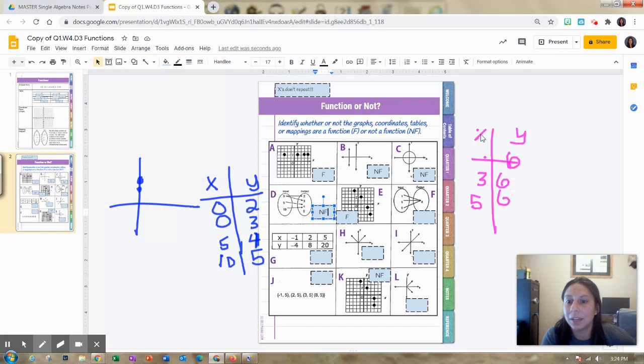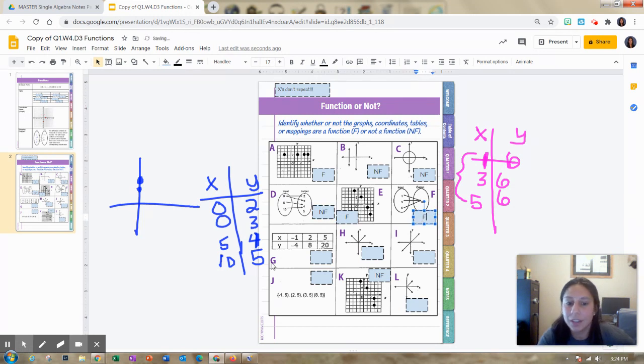So if you look at all of your x values, my goal is to figure out, are all of those x's different? 1 went to 6, 3 went to 6, 5 went to 6. Yes, all of the x's right here are different. Even though the y's are the same, we don't care about the y's. We only care about the x's not repeating. So here, this is a function.